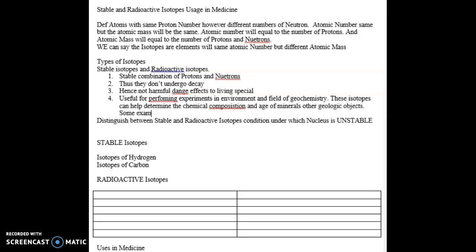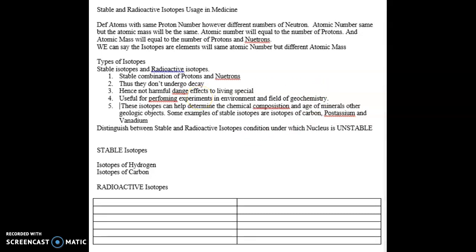Some examples of stable isotopes are isotopes of carbon, potassium, vanadium, and calcium.